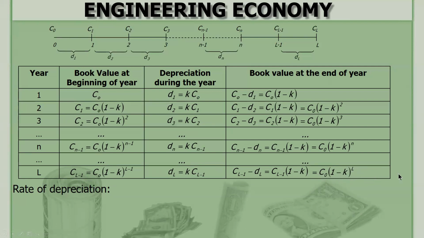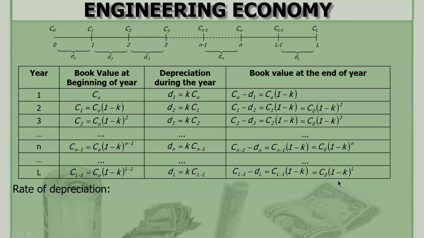So if you simplify this one, this is equal to C sub L. So I divide it by C sub 0. So what remains is (1 minus K) raised to L. So for the result, raise both sides to the exponent 1 over L so that it cancels.